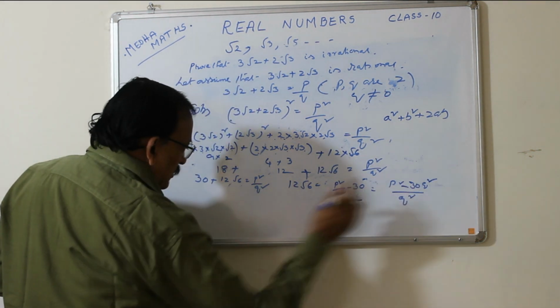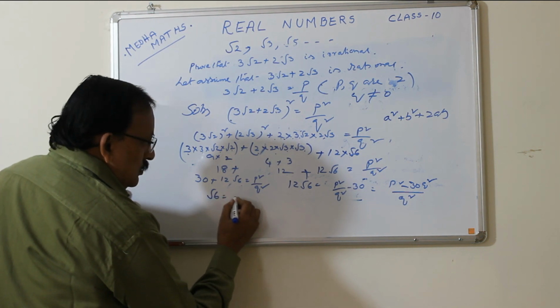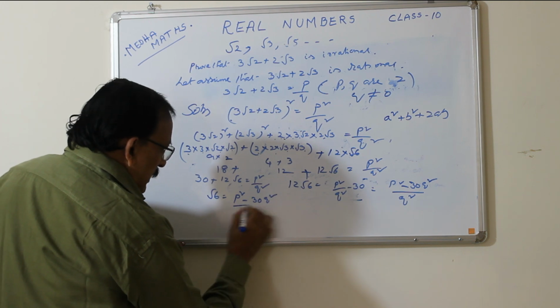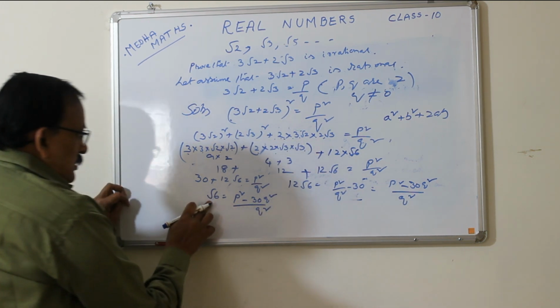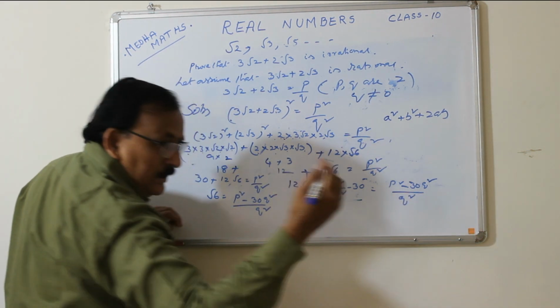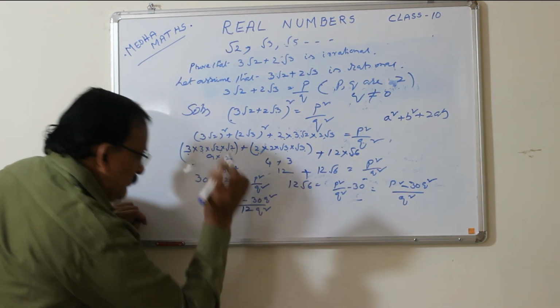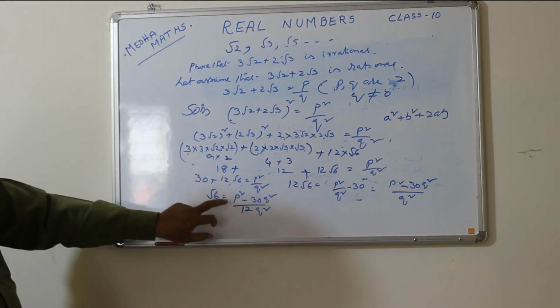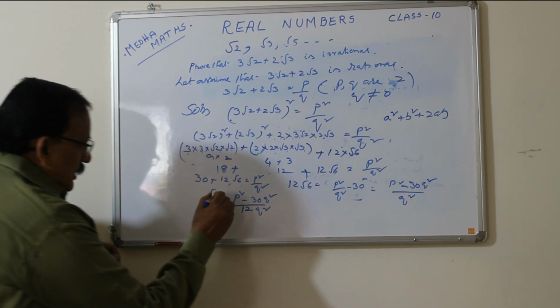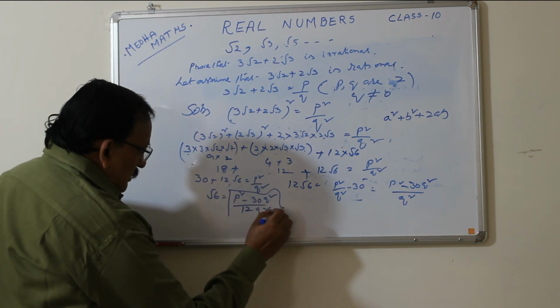Transpose 12 over here, so √6 = (p² − 30q²)/q², where 12 is multiplying, so it goes for division as 1/12. So √6 = (p² − 30q²)/(12q²), and absolutely this is rational.